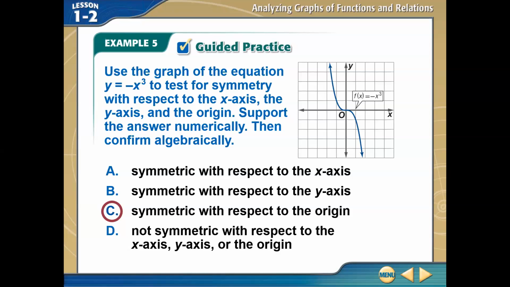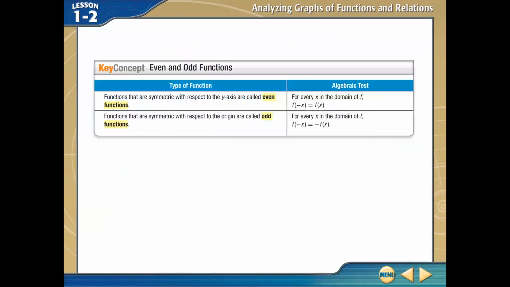Okay, and as promised, the last thing that I have is even odd functions. Functions that are symmetric with respect to the y-axis are called even functions. So for every x in the domain of f, if f of negative x is equal to f of x, it's symmetric about the y-axis, and that is an even function.